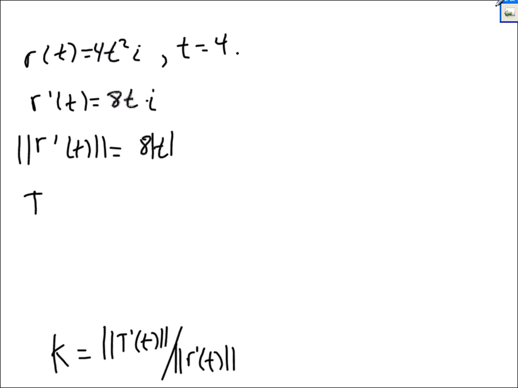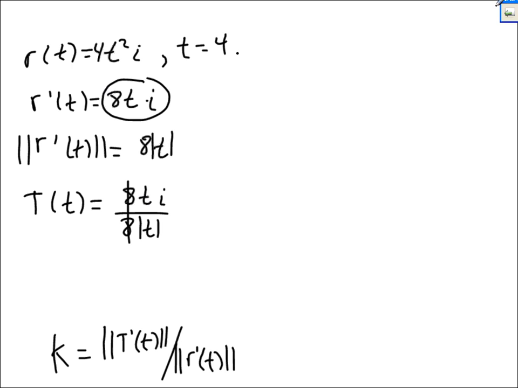Now, T of t is equal to r prime of t, which is 8t i, divided by 8 times the absolute value of t. But since t is 4, we know that's going to be 1. If t were negative, I would call it negative 1. So we get 1i plus 0j.